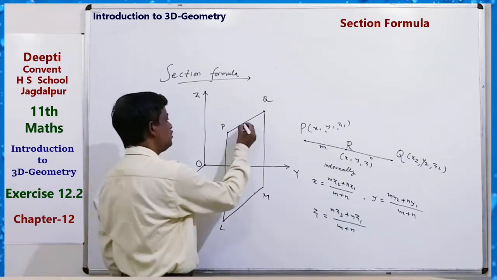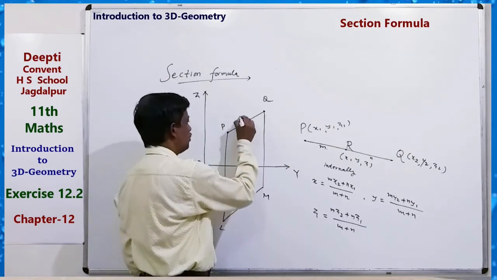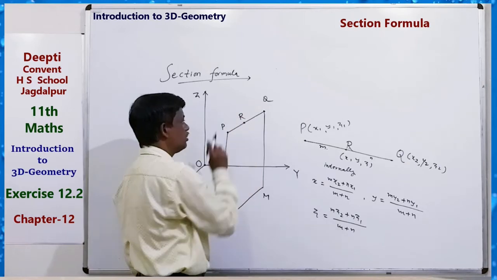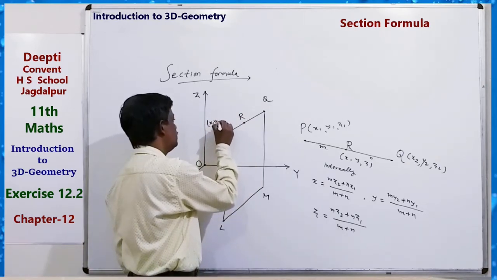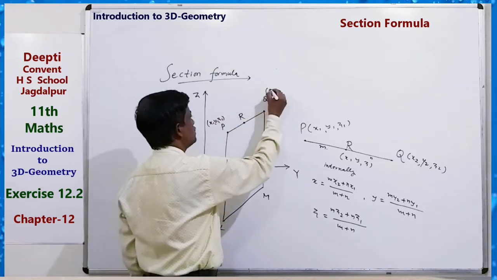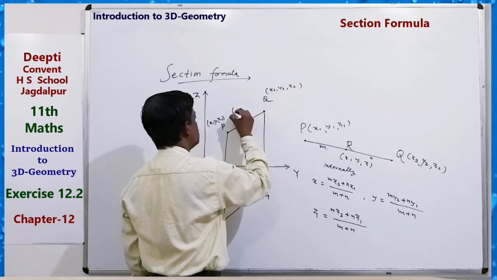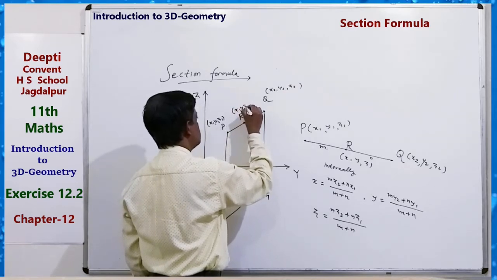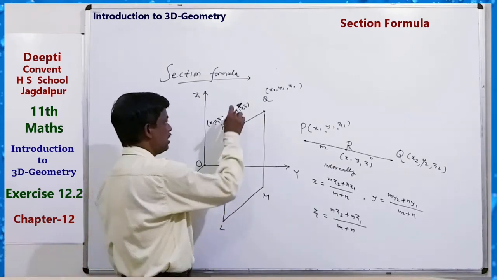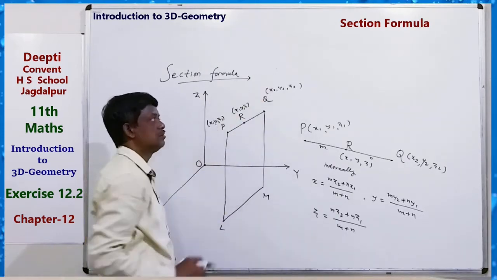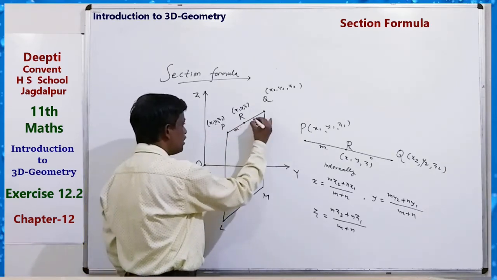In between, suppose internally there is a point R whose coordinates we have to find. P has coordinates x1, y1, z1, Q has coordinates x2, y2, z2, and R has coordinates x, y, z. Now we have to find x, y, z in terms of x1, y1, z1, x2, y2, z2, where R divides in ratio m:n.